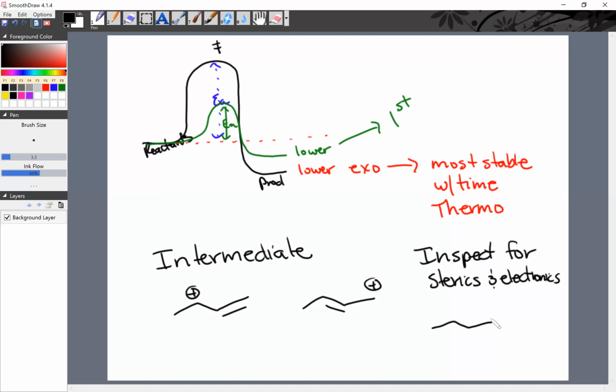Okay, just generically, I would say, based on numbers, there's 6 primary hydrogens, okay? And those are not sterically hindered. If I didn't have access to that energy diagram, I would call those my kinetic product.